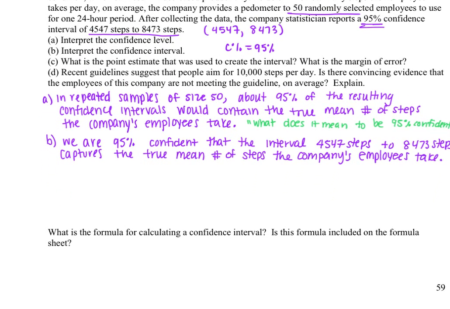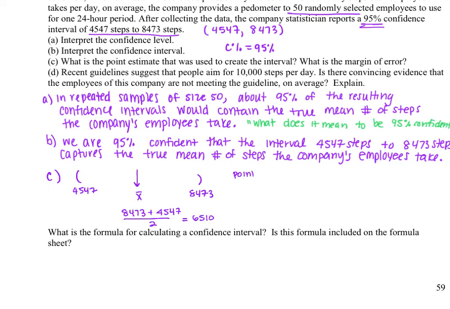Now we are going to find the point estimate and the margin of error. So the interval here is 4,547 all the way to 8,473. The point estimate is our sample mean that goes right in the middle. So to find that, we would do the midpoint and we would add these together and divide by 2, and you get 6,510.